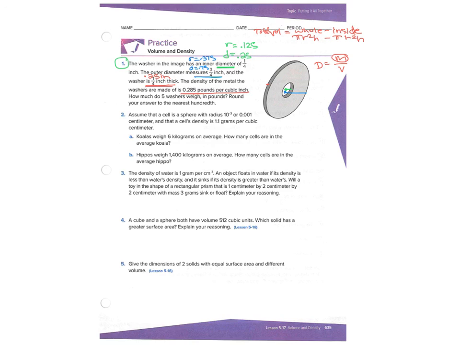So you need to substitute in your numbers and find your total volume, which is actually a very tiny decimal. We're going to plug it into the equation for volume. We're going to plug my 0.285 in for my density, and you will solve for your mass.